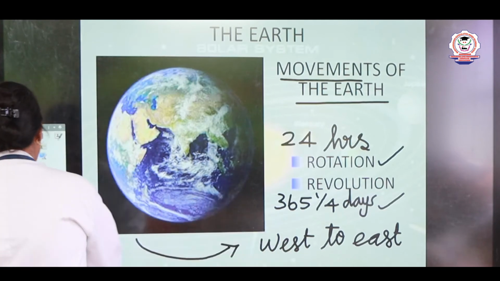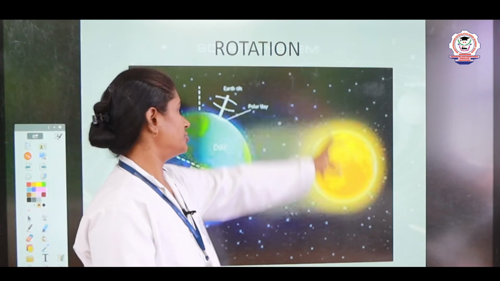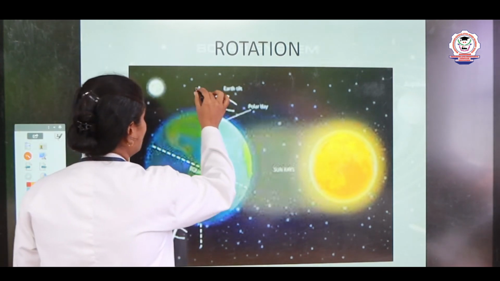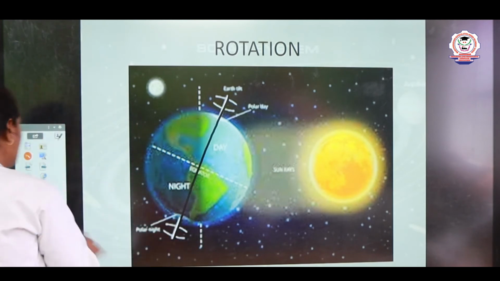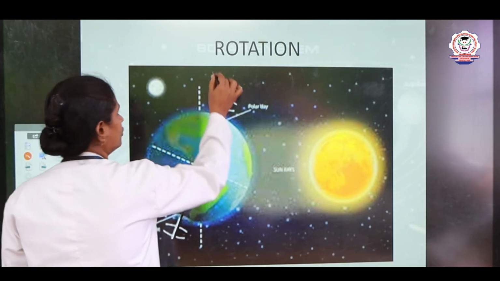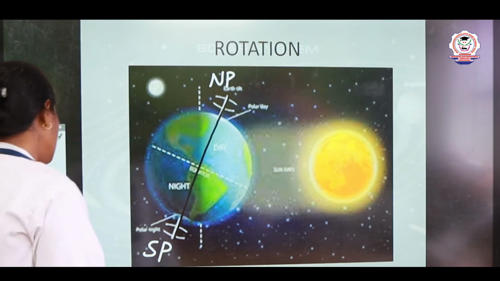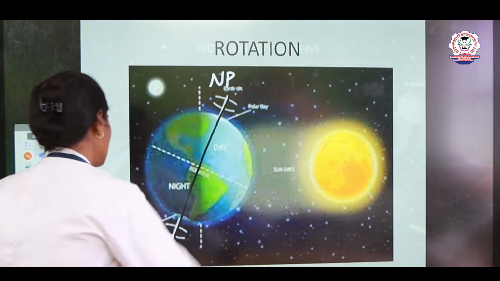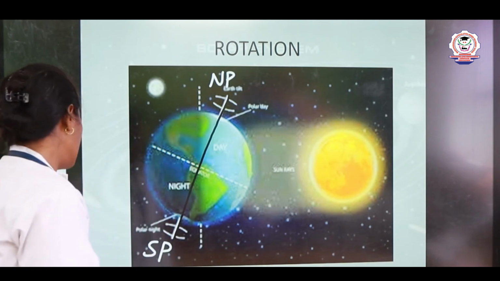Okay, now let's see in detail about rotation and revolution. So here you can see the rotation. There is an axis present here, the imaginary line that passes from North Pole to South Pole. The Earth rotates on its axis from west to east.